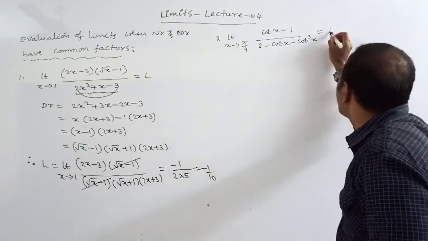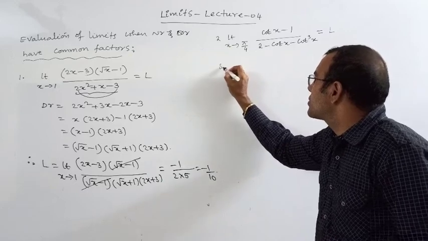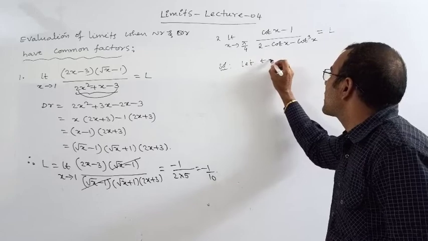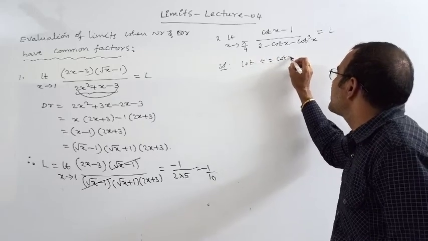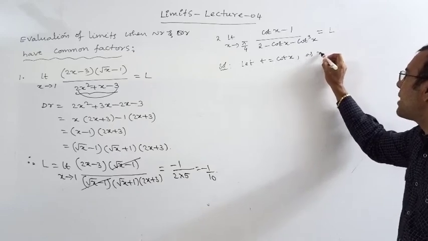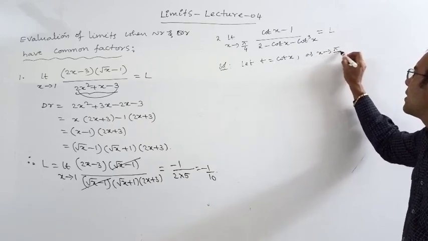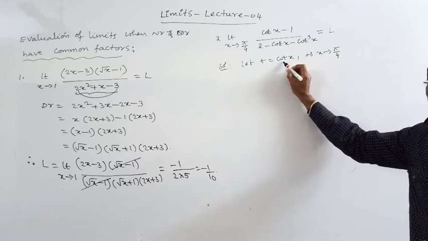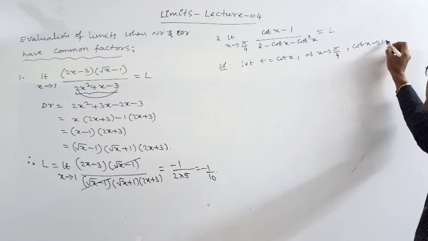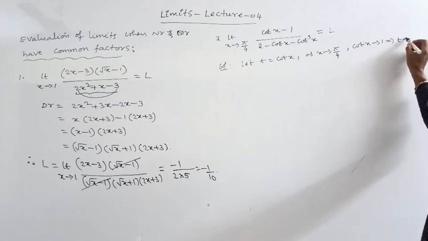Assume L. Solution. Let us assume t equal to cot x. Then the question becomes simple. As x tends to pi by 4, cot x tends to 1, which implies t tends to 1.